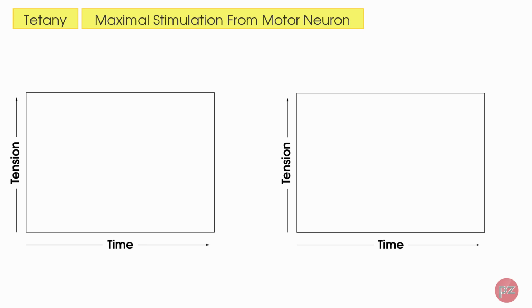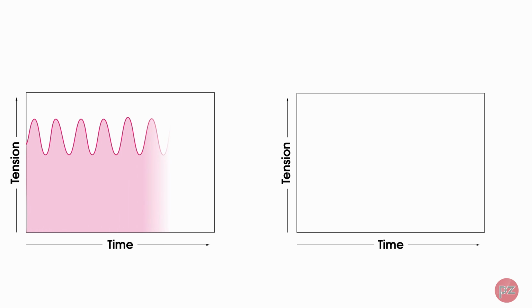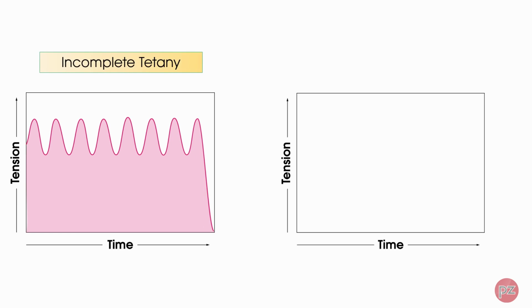In tetany, there are actually two types. There's incomplete or unfused tetanus, and this is where you're effectively applying the stimulus in the form of the action potential about 30 times per second. So you're applying it an awful lot. And this is where the muscle fiber is producing maximal tension, but it is slightly relaxing in between the contractions.